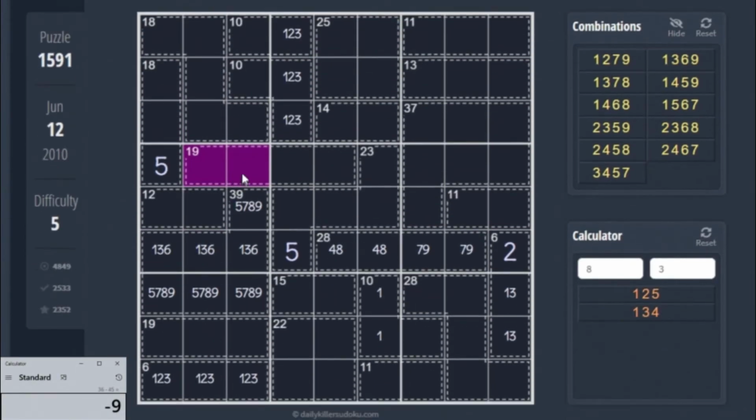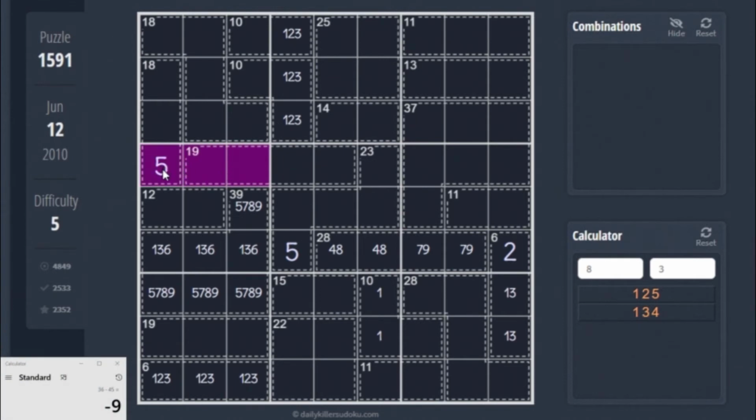So sorry, it's 9 plus 5 plus 12 plus 1 plus 3 plus 6, which is 9 plus 5 plus 12 plus 10, going to be 36. So this selected cells is 36.